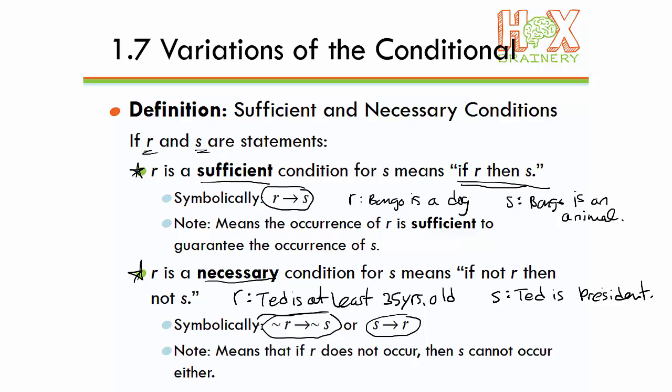Reading this statement, it would be: if Ted is not at least 35 years old, then Ted is not president. Or equivalently, I could say if Ted is president, then he is at least 35 years old. So to be president of the United States of America, you have to be at least 35 years old. That is a necessary condition, a condition that has to be met in order for you to be president.